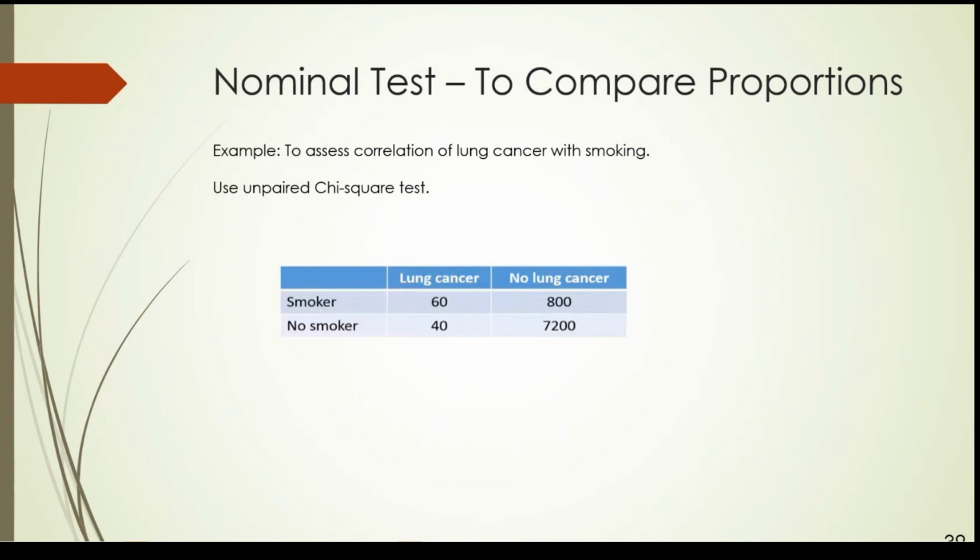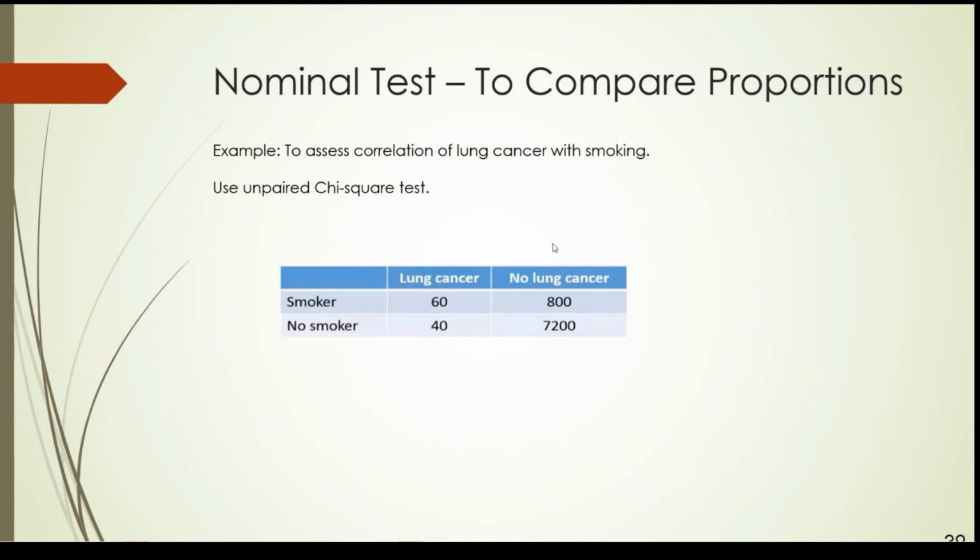So we can also assess correlation, such as using unpaired chi-square test. Okay, like in this case, we know that lung cancer and smoker, they may not be related, but we want to see whether there is any relationship or not.